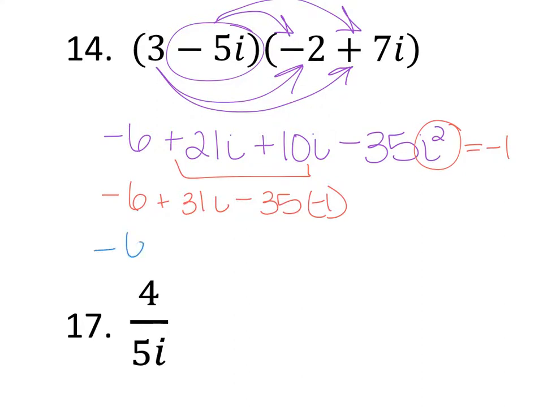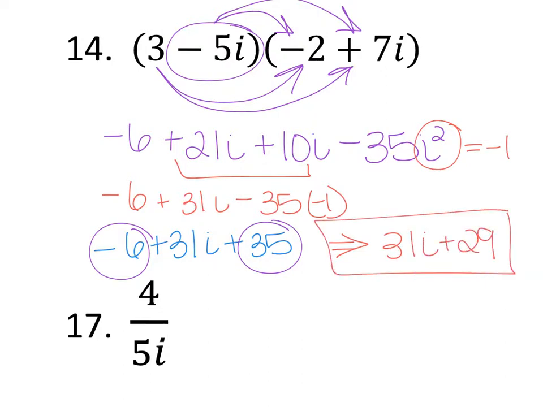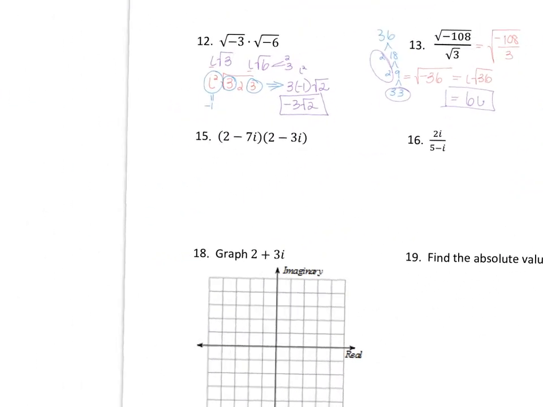I get a negative 6 plus 31i, and then a negative 1 times negative 35 is going to be a plus 35. Well, these two things can combine. So negative 6 plus 35, that's going to give me 29 plus 31i. And that is your final answer for that. That is the most simplified form you can possibly get with complex numbers.